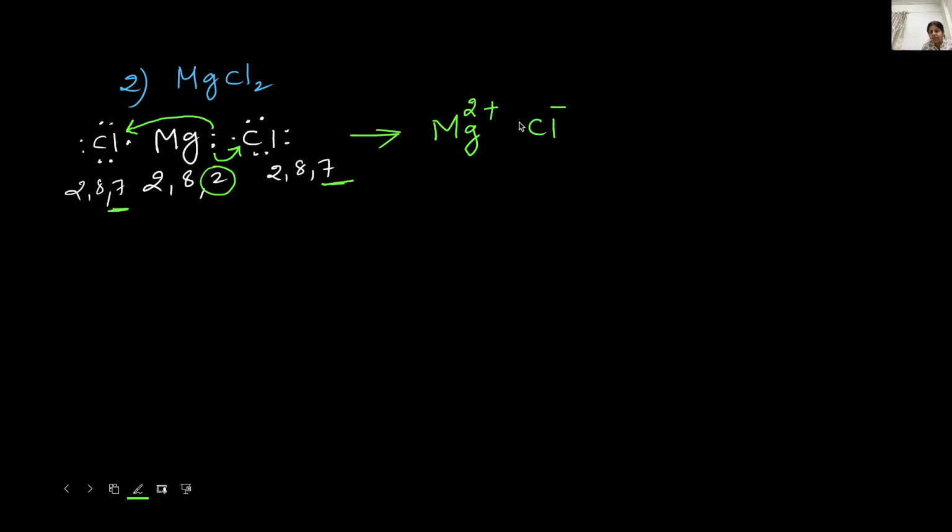There are 2 chlorine atoms, so there will be the formation of the molecule MgCl2, magnesium chloride. Have you understood how the formation of ionic bond or electrovalent bond takes place in magnesium chloride?